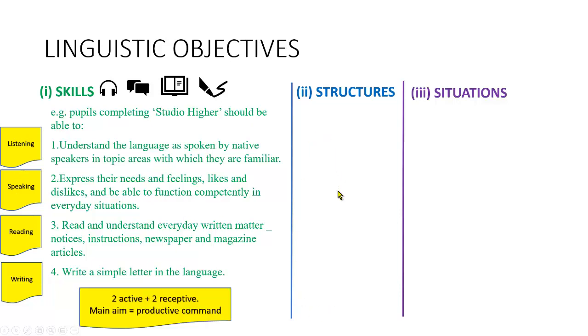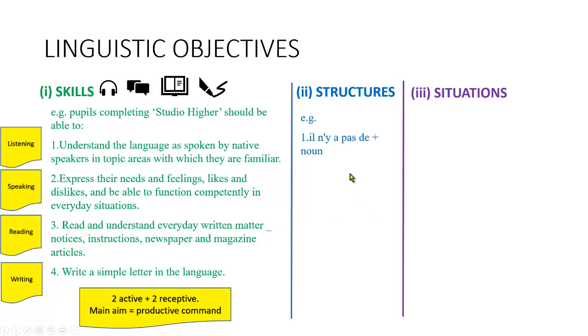What about the structures? Just be aware of the fact that you'll talk about the receptive skills of listening and reading. You're receiving them. Doesn't mean that they're any easier, but just be aware that they're called receptive, and the productive ones are the speaking and the writing, where you actually produce something.